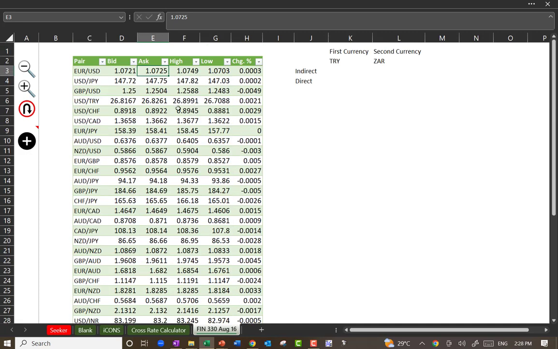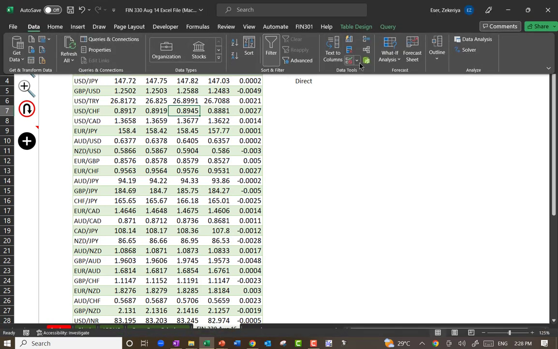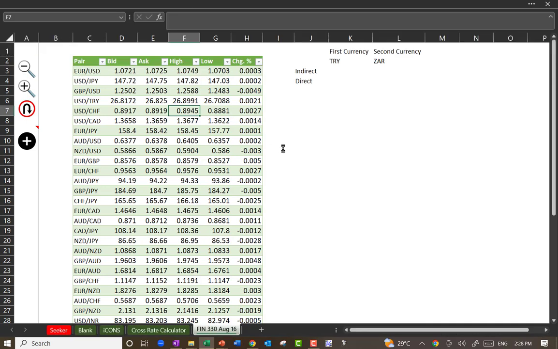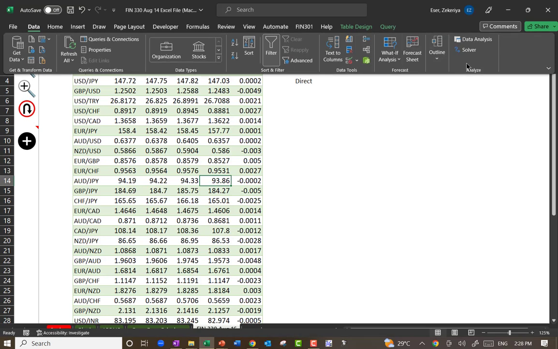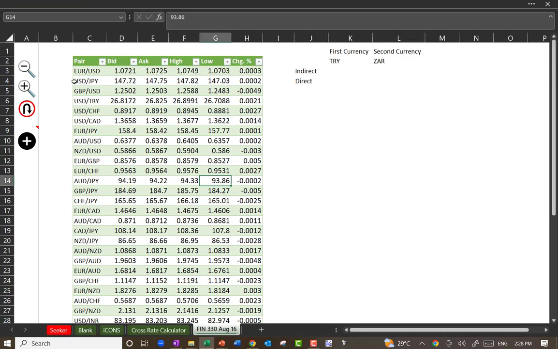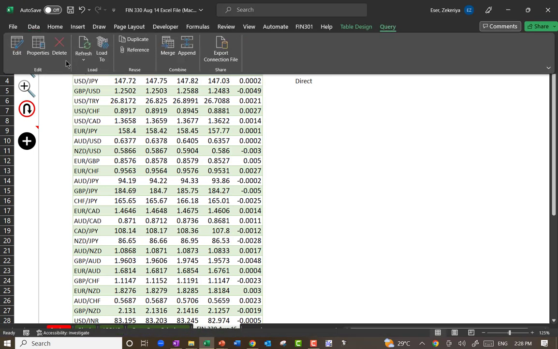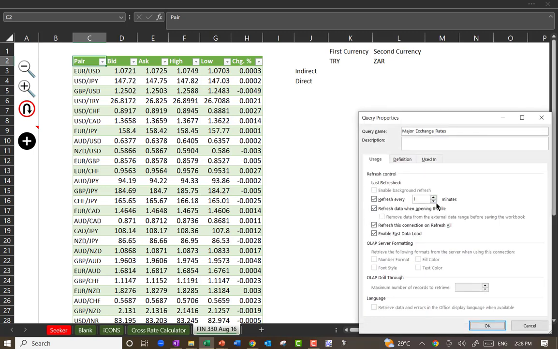And remember, we obtained this table directly from the internet. So you can always, right now it's doing it, go to Data and hit Refresh All. It'll get you the current market rates. But the way we set it up, let's see, we set it up to refresh every 1 minute.